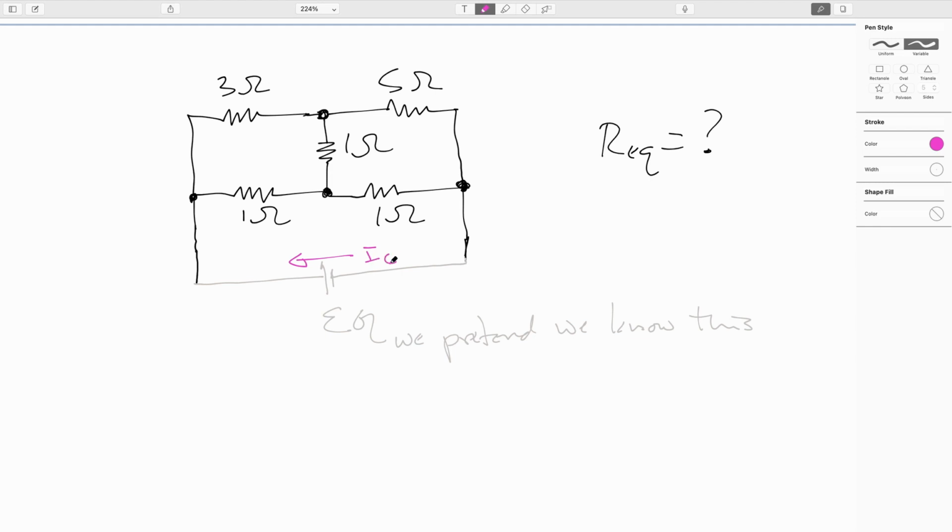The end game is we're going to solve to get E equals something, some box times I6. Whatever is in front of the I6, we identify as the equivalent resistance, because the battery doesn't know that there's a whole network here. It just knows that I6 is passing through it.